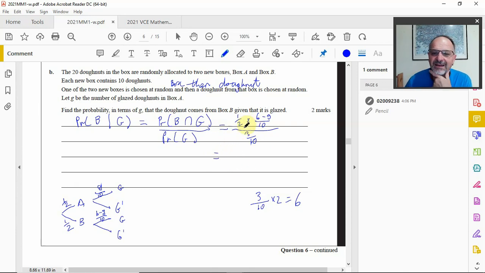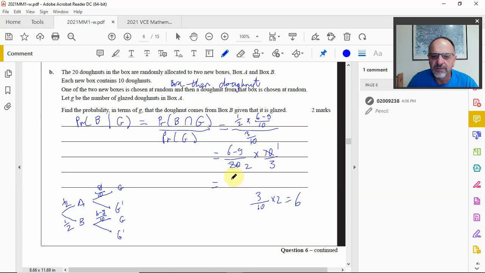And then we've now got to sort this out. The way I would do that is, 1/2 times that is (6 minus G) on 20. We're dividing by a fraction, so turn it upside down and multiply. 2 goes into there and 10 goes into itself once.